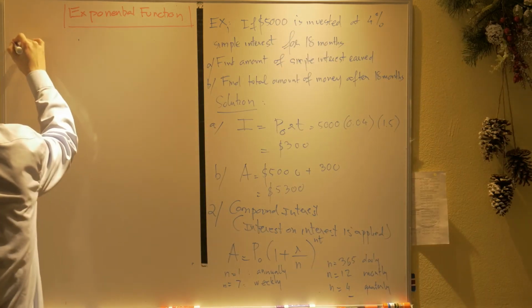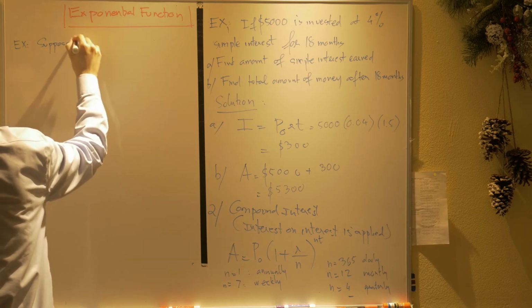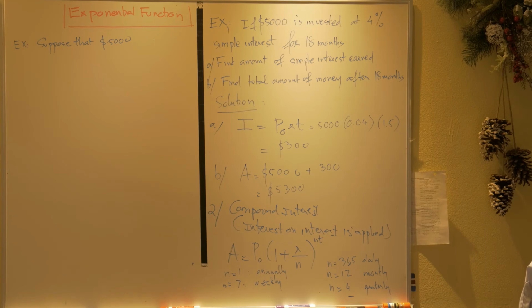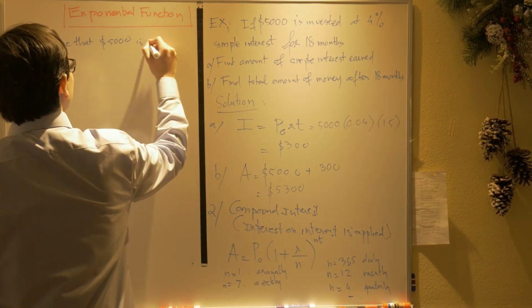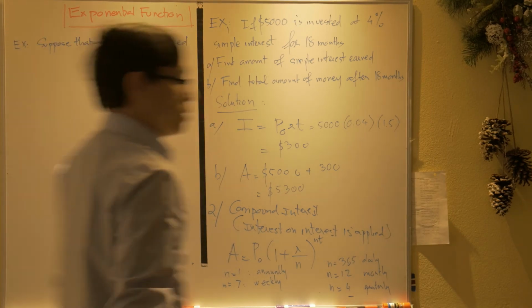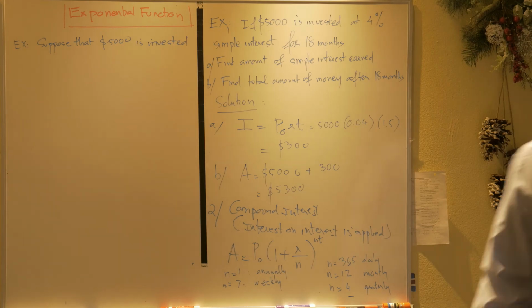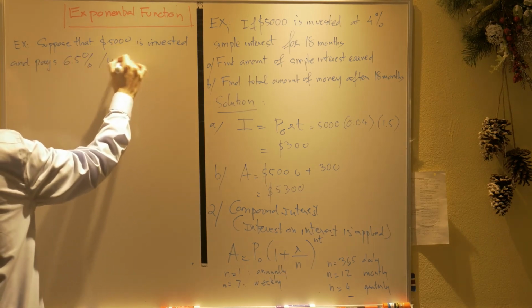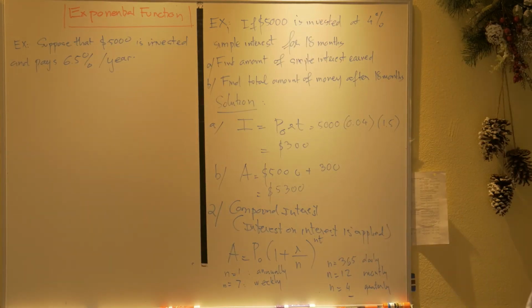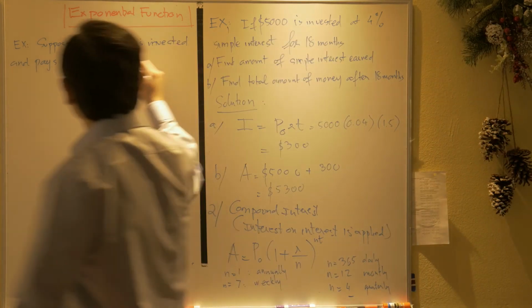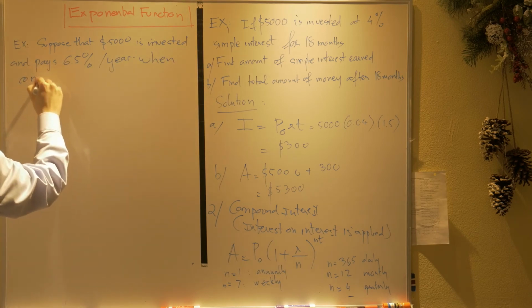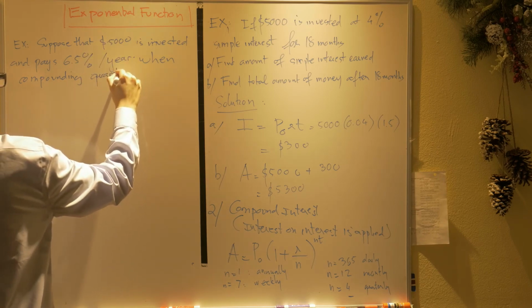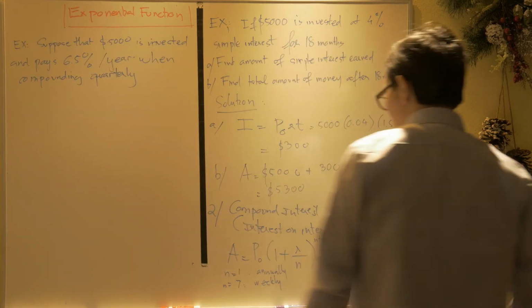Example. Suppose that $5,000 is invested and pays 6.5% per year, compounding quarterly.